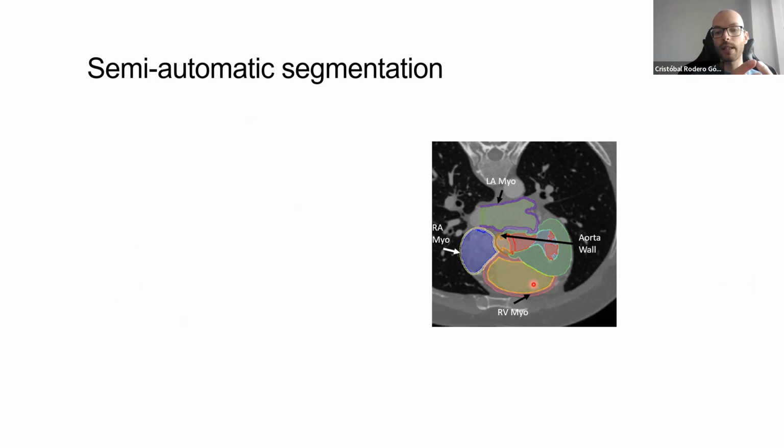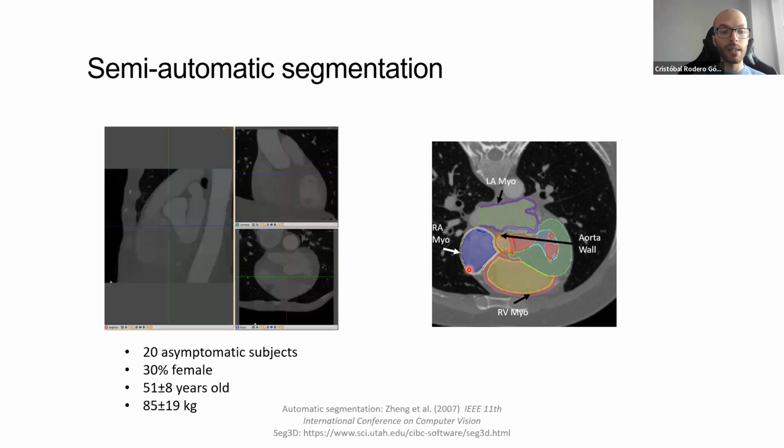So what we usually do is dilate those blood pools with a fixed thickness, and that creates the walls. For this study, we used 20 healthy patients. These were subjects that went to the emergency room with some chest pains. They did some analysis and they didn't find anything cardiac related. So they are classified as healthy, or as symptomatic at least.